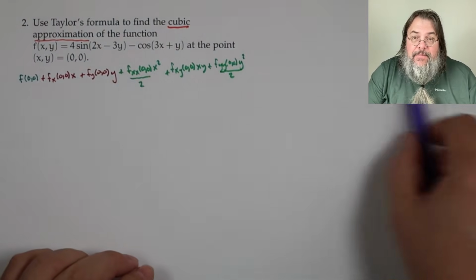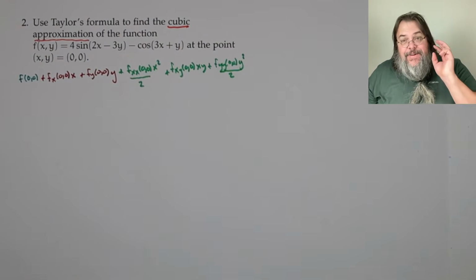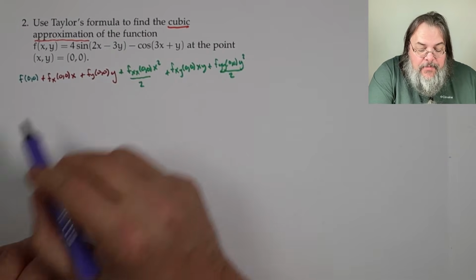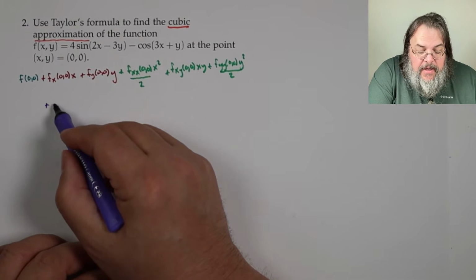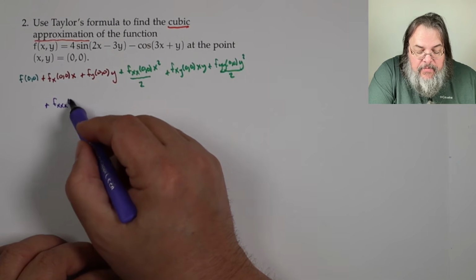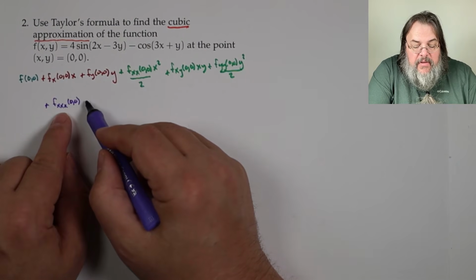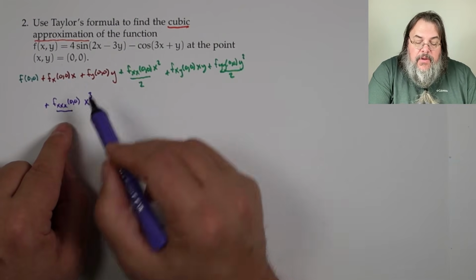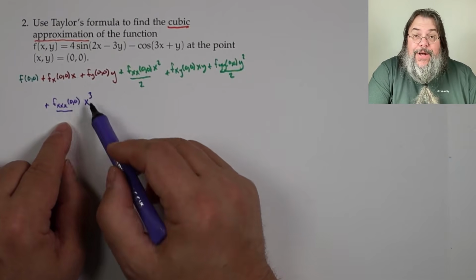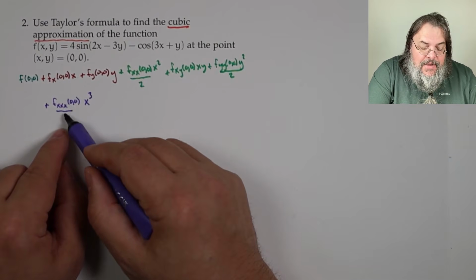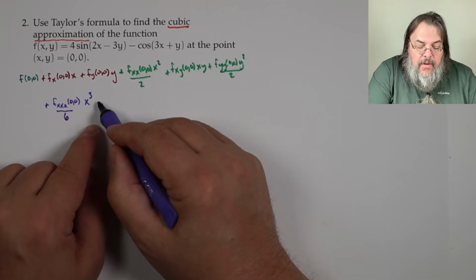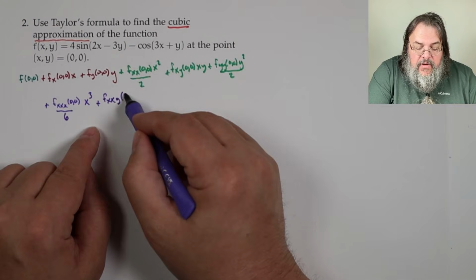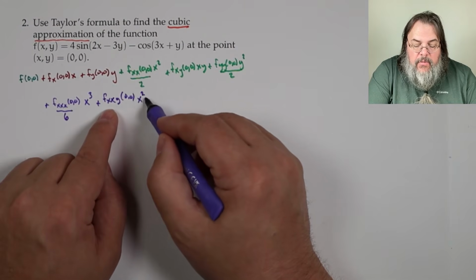Looking at the space I have, I'm going to go to the next line because I need to write down the third order. So the next thing we're going to add is f_xxx. Now that would be xxx, so that's going to be an x cubed. We need to divide by what? Well, think about derivatives. We'll have a 3 come down, a 2 come down, a 1 come down. So we need to divide by 6. Plus f_xxy at 0, 0, and then it'll be x squared y.